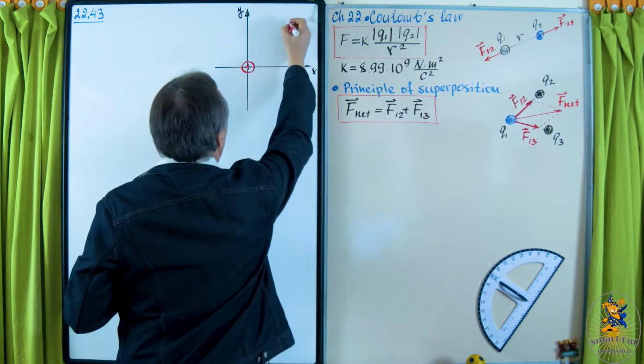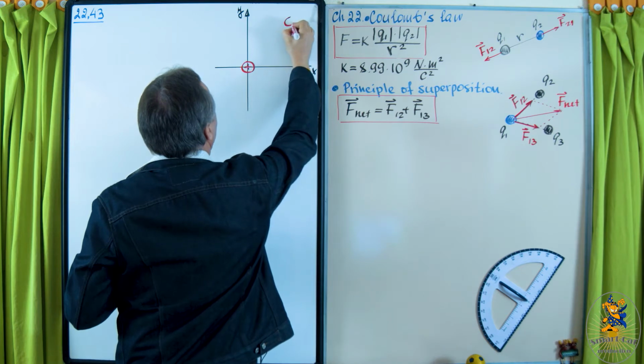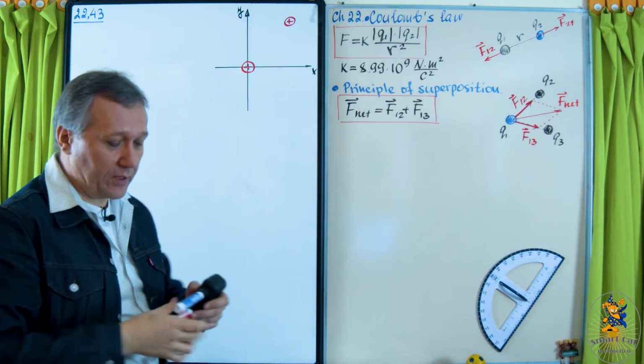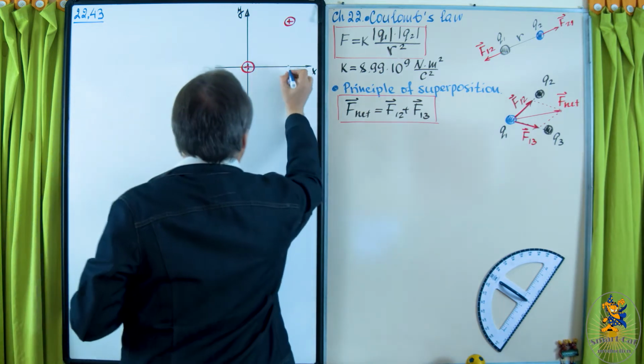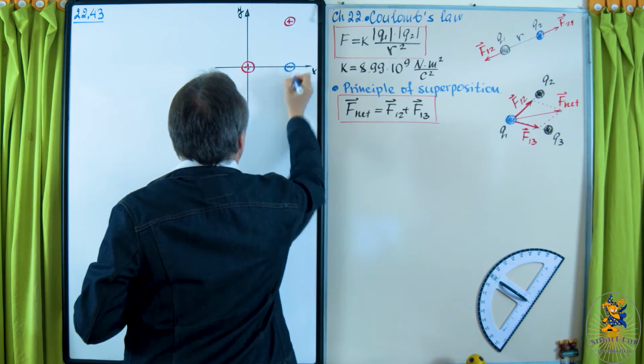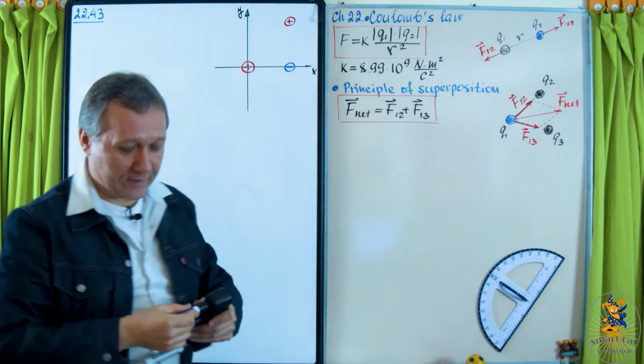Then there will be another positive charge over here, positioned somewhere. And here, let's assume that we have a negative charge. This positive charge is just above this negative charge.